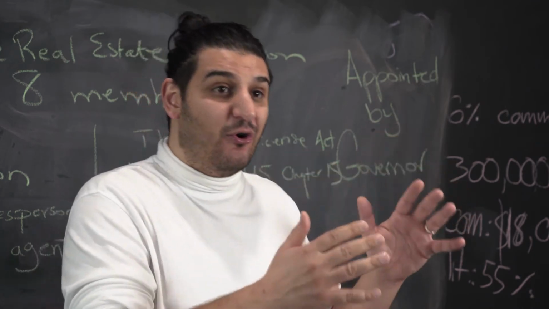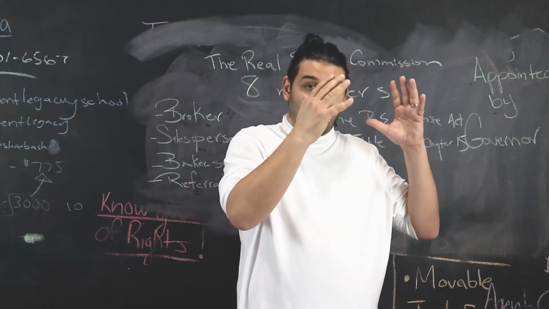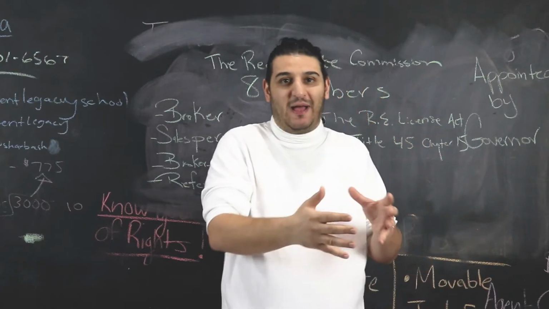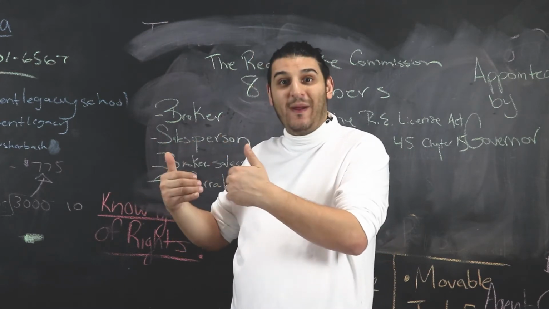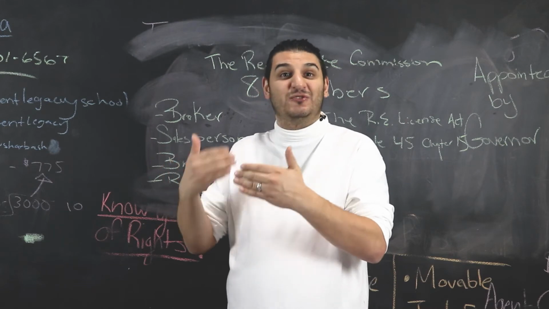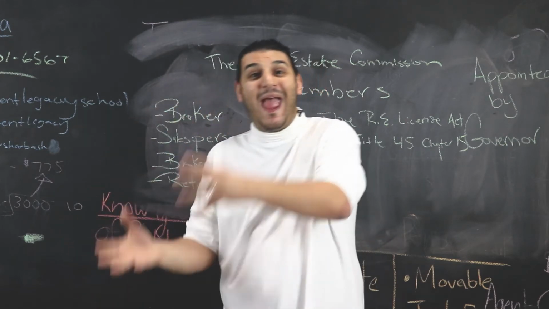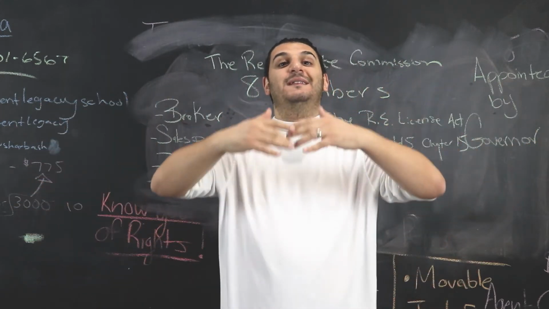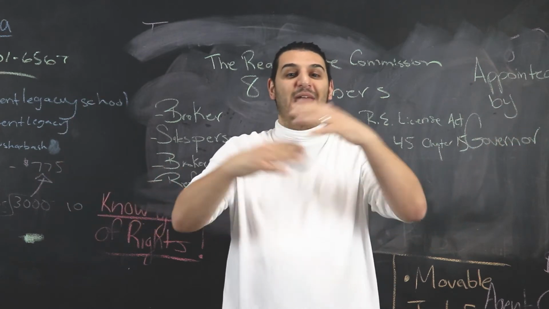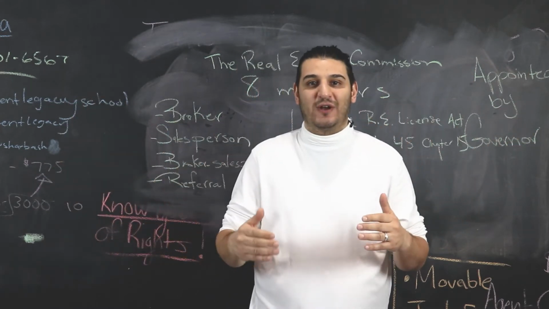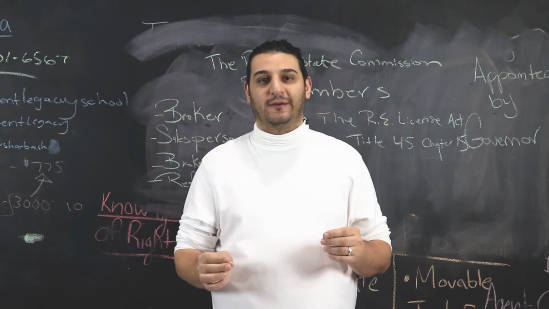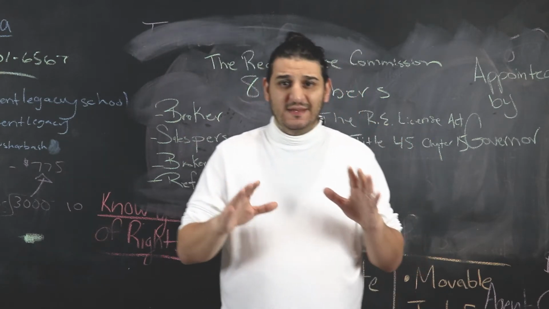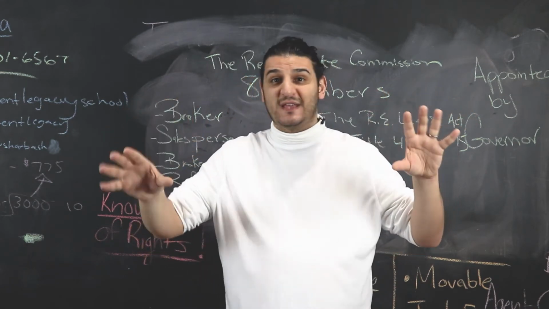They need to sign a form that says you are representing the seller and the buyer. And the buyer needs to also sign the form, knowing before the offer is written that you represent them and the seller. So it's upfront, it's out in the open, it's done ahead of time. And in the contract, there's room for that to be crystal clear. Make sense? That's dual agency, representing both sides.